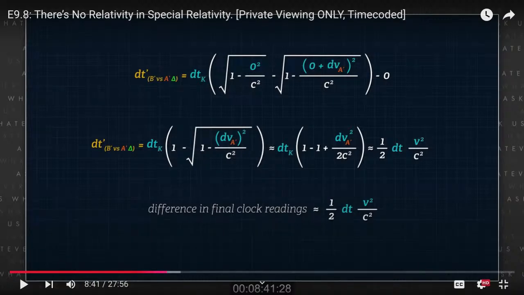And so therefore, if we run this experiment using a moving system S prime, we should get this same formula at the end. And so now I'm going to go through a kind of a laborious test of that.